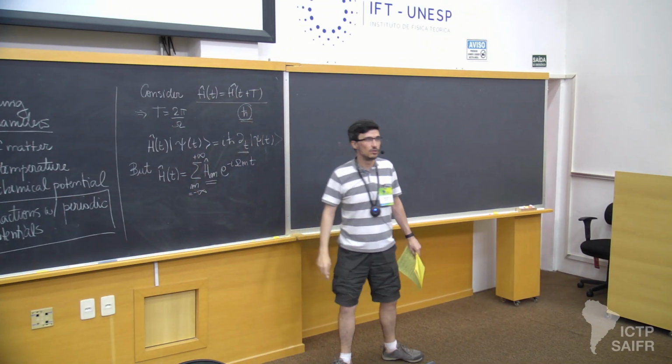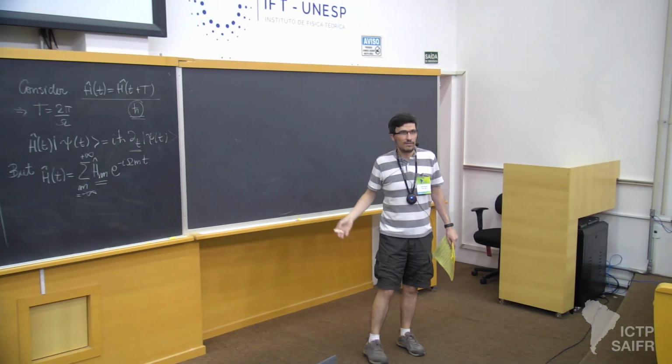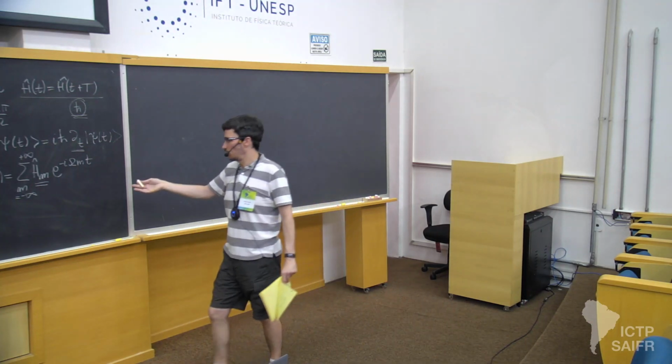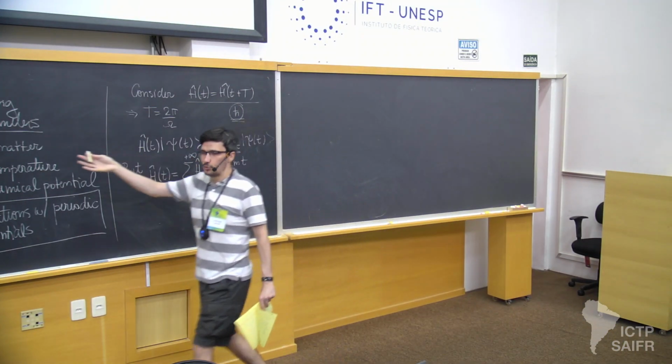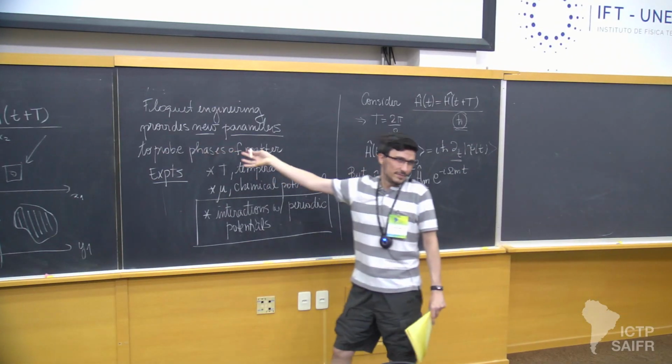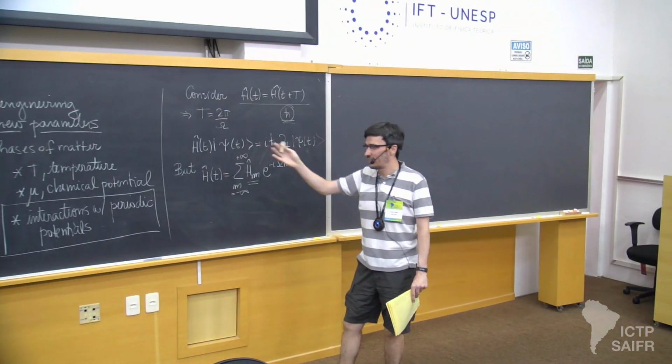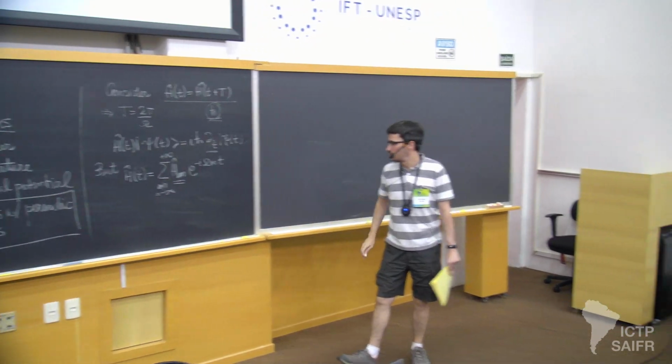Some of them can be 0. But as you may have noticed, this is just the Fourier series of this Hamiltonian. This is the basic strategy. We also get help from Fourier to solve this problem.